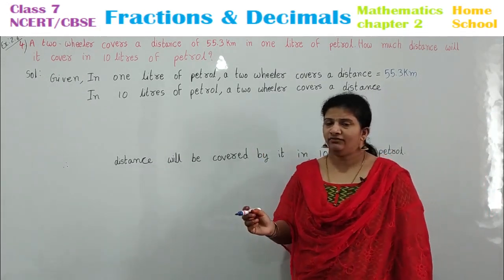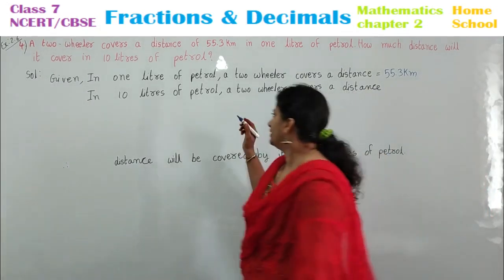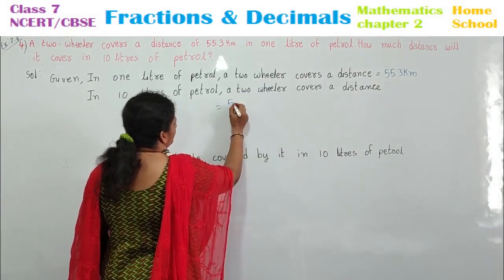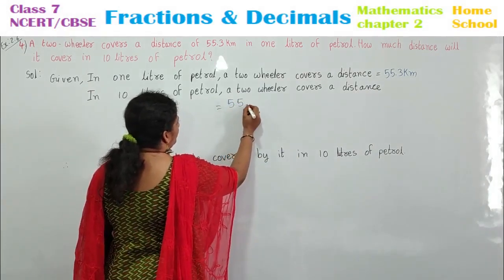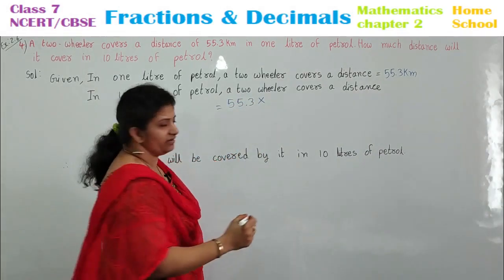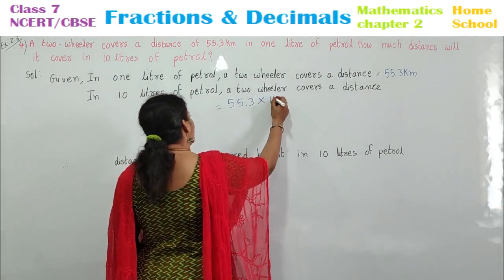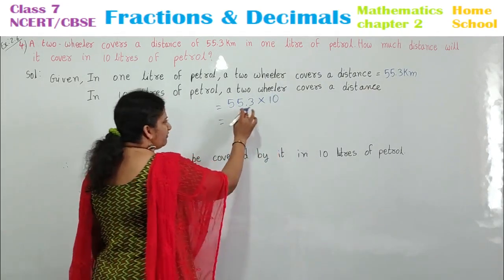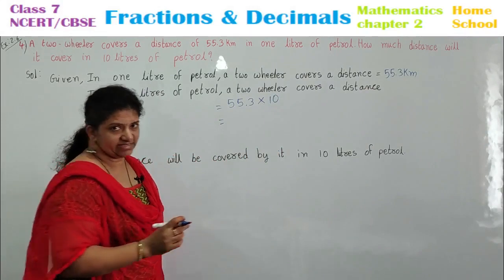What shall we do now? We are going to multiply. How can we multiply, children? For 1 liter of petrol, how much distance can you travel? 55.3 kilometers. So if you have 10 liters, 10 into that. This type of decimal multiplication is very easy.